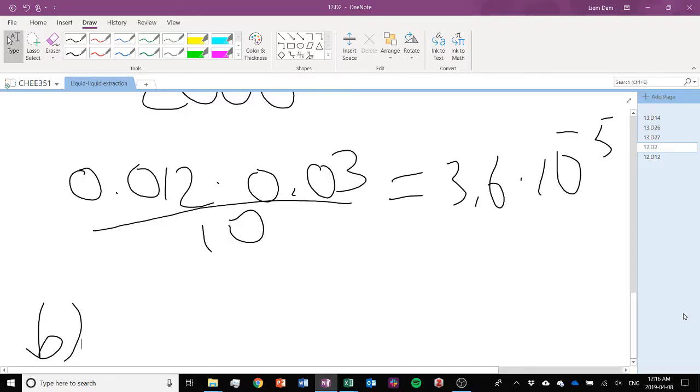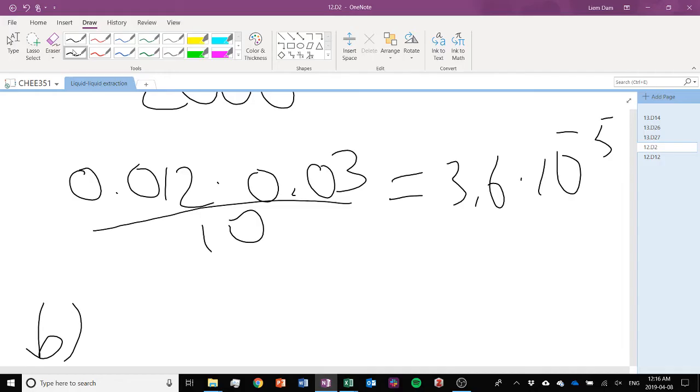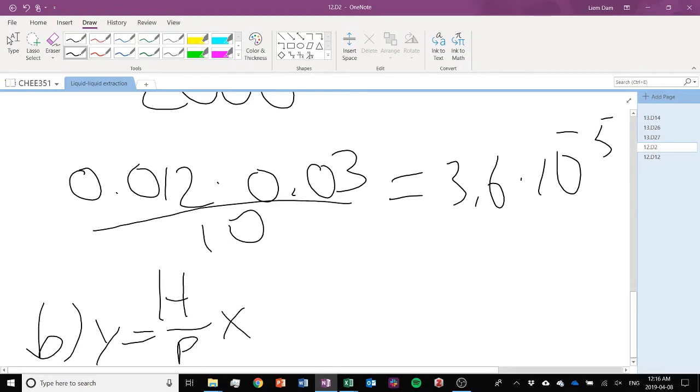Okay, so now for part B of the problem. We're asked to do a McCabe-Thiele equilibrium stage calculation. So if you look at the equilibrium data that the book provides, it's actually in the form of Henry's law constants. So the equilibrium equation is Y is equal to H over P times X. So now all we have to do is basically plot that and then draw our operating line.